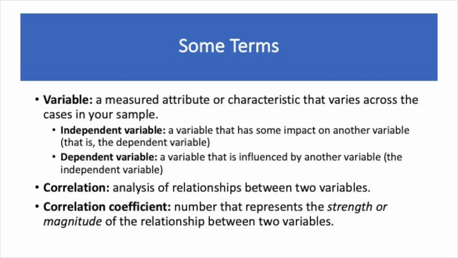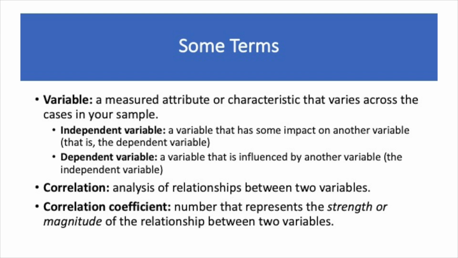There are different types of variables that we utilize in bivariate analysis. And this designation of independent or dependent variable, this is one that we are making, say based on some hypotheses we have or some theory that we're applying. We are going to have in bivariate analysis one independent variable and one dependent variable.